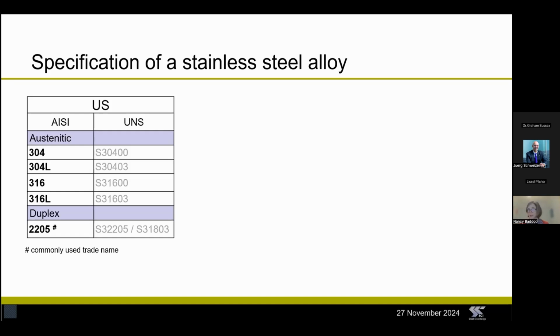I've just put in grey the UNS system because that also can be used, and that is sort of a more official numbering system, and both the duplexes and the austenitics have a UNS number.